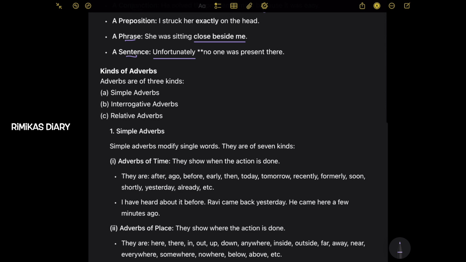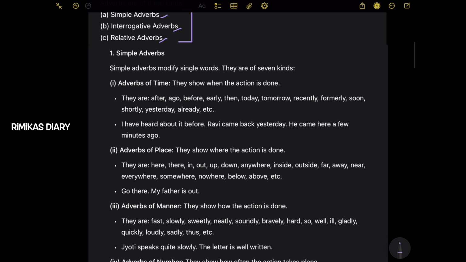Next, we are going to be seeing the kinds of adverbs. Adverbs are of three kinds: simple adverbs, interrogative adverbs, and relative adverbs. Let's see one by one in detail. First, simple adverbs. Simple adverbs modify single words.